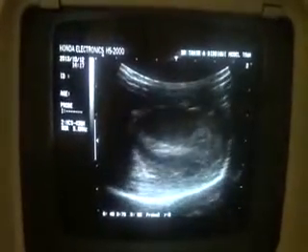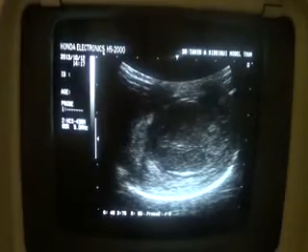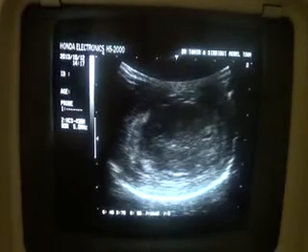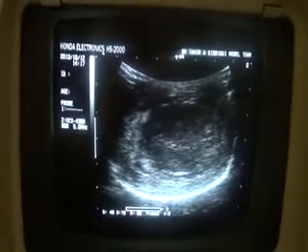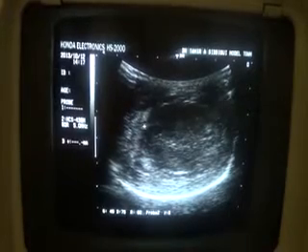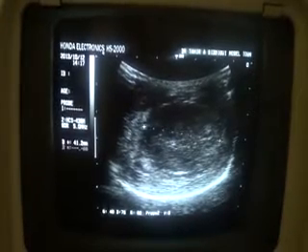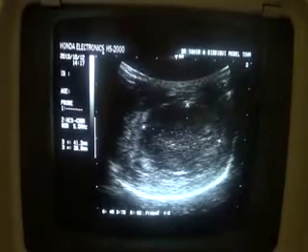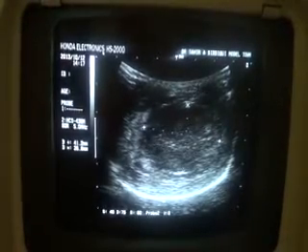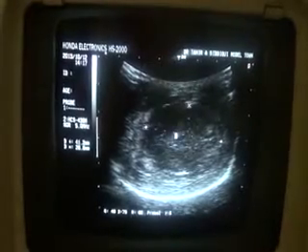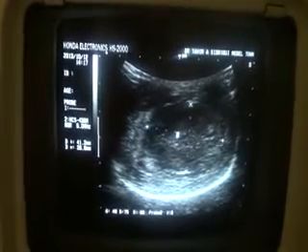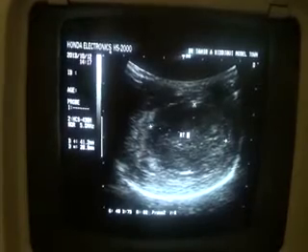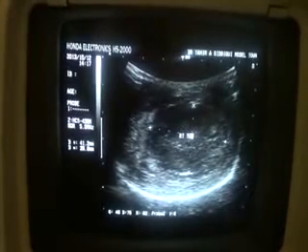So this is orchitis of the testis, orchitis with epididymitis. Right testis in a longitudinal section.